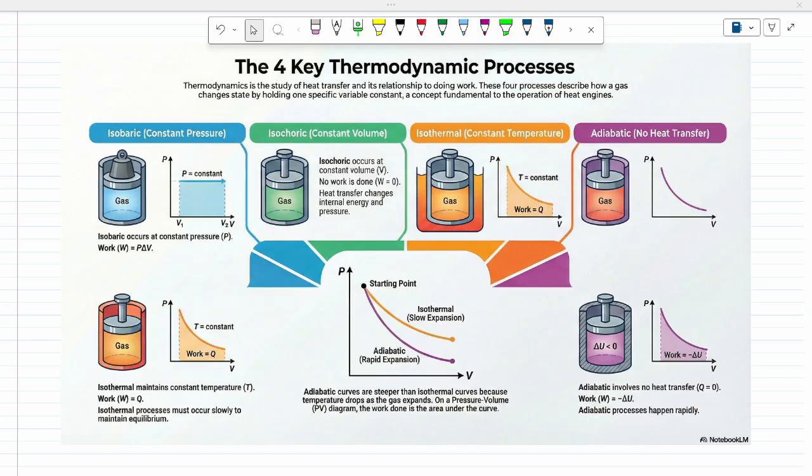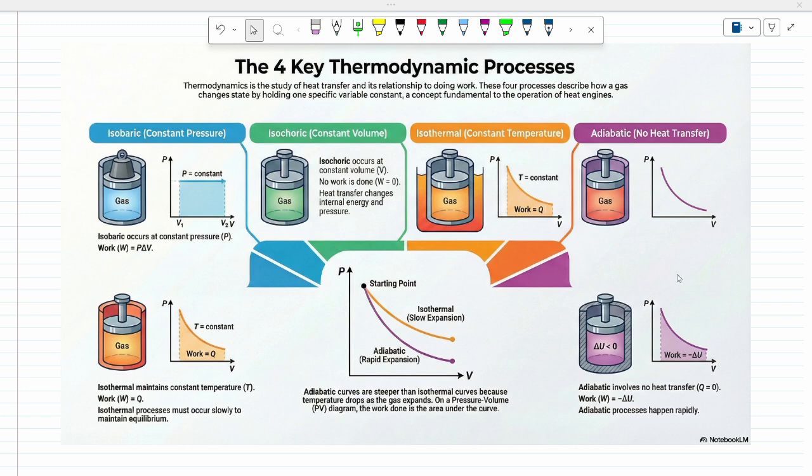In this video, we will look at the 4 key thermodynamic processes, or the 4 named thermodynamic processes. They are named because they are key, they are important, they are useful. There are other thermodynamic processes, but they are not named because they are not as useful.